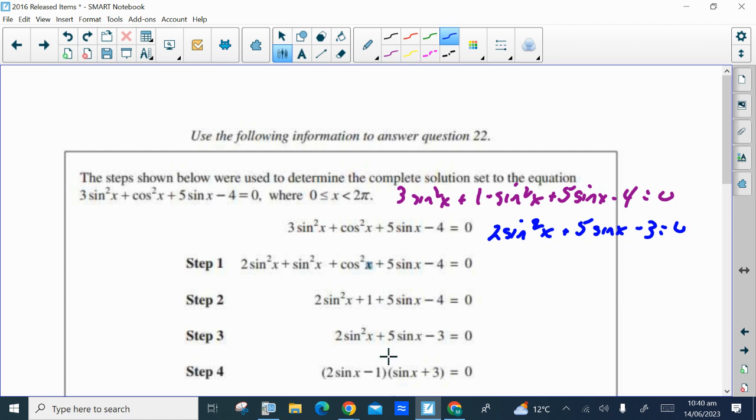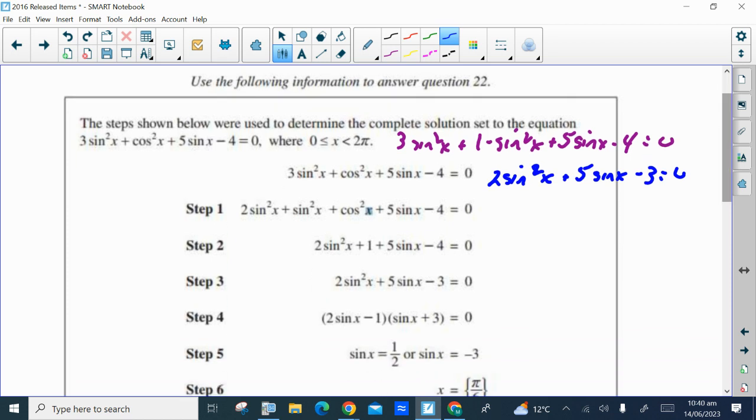and then 1 minus 4 will be minus 3 equals 0. So that takes us all the way down to step 3 being correct. The next step after that is to factor. So to factor this, we need a positive 5 sine x in the middle. We would have to have a positive 3 there and a minus 1 there. The outer products will be 6 sine x minus 1 sine x gives us our plus 5 sine x. So the factors are correct.